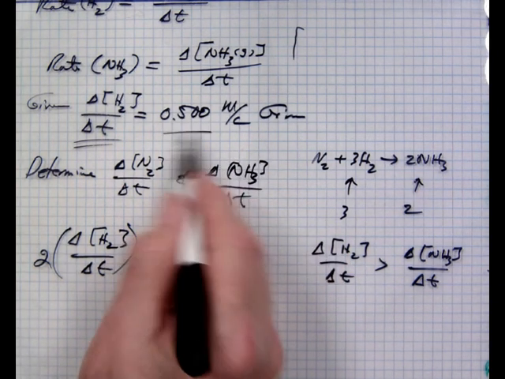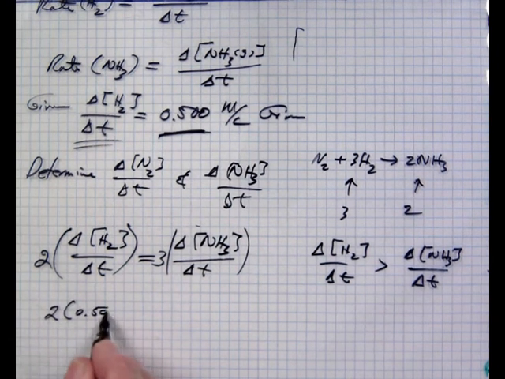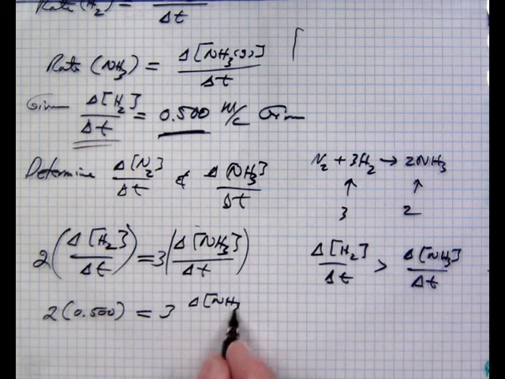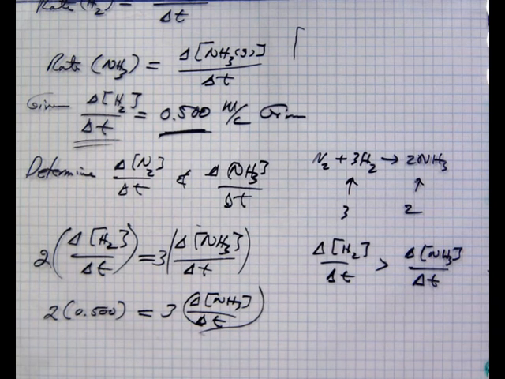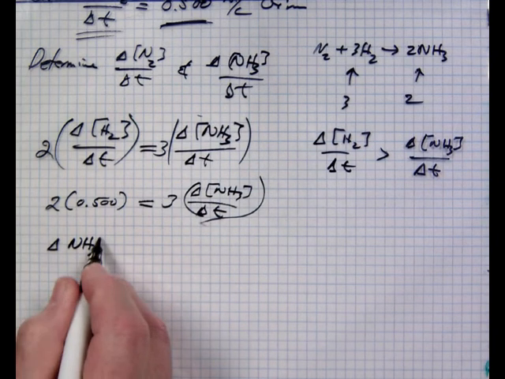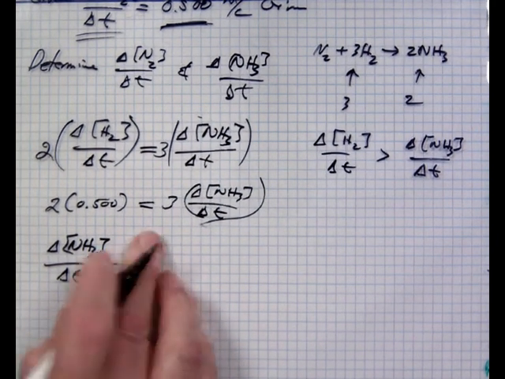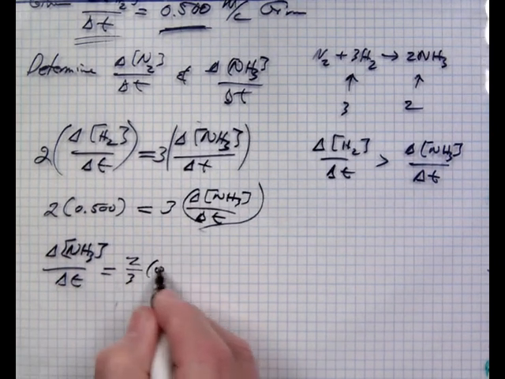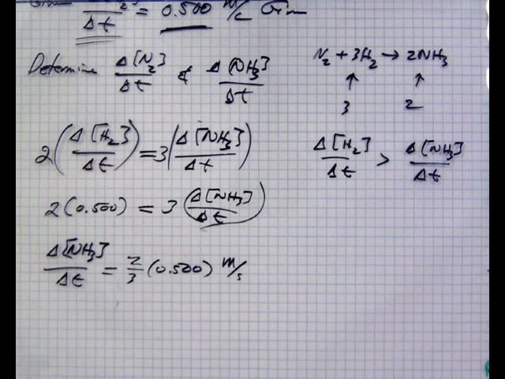We are given this, so it's 2 times 0.500 moles per liter is equal to 3 times the change in ammonia over change in time. And if we're interested in the rate of ammonia, all we do is solve that equation for the ammonia. Okay. 2/3 of 0.500 molar per second is the answer.